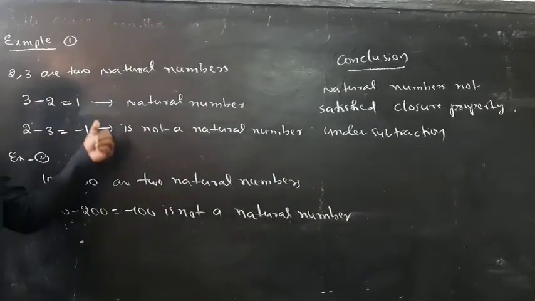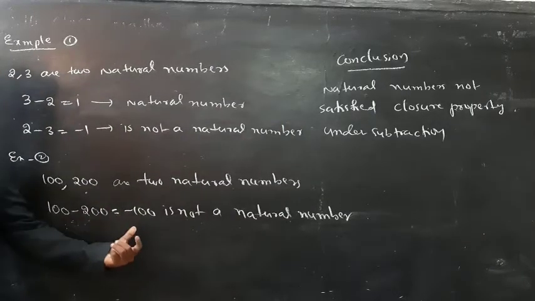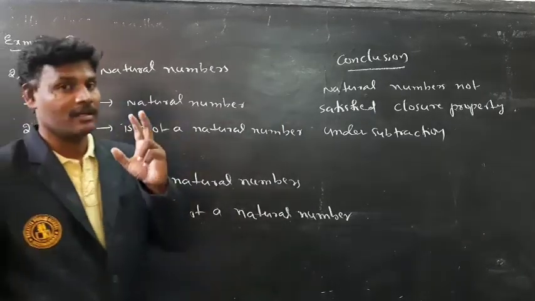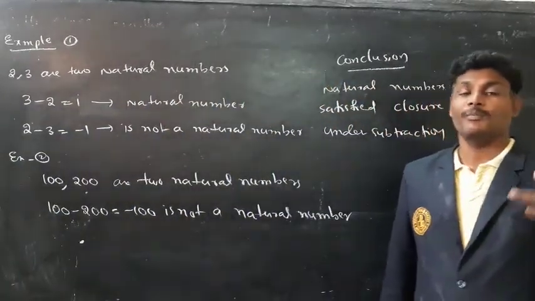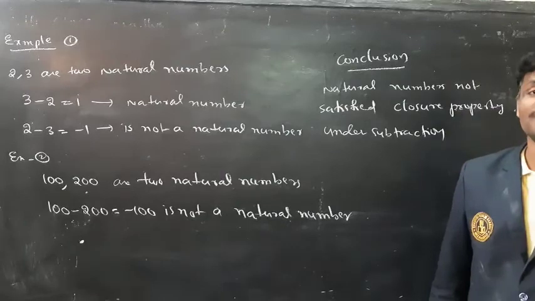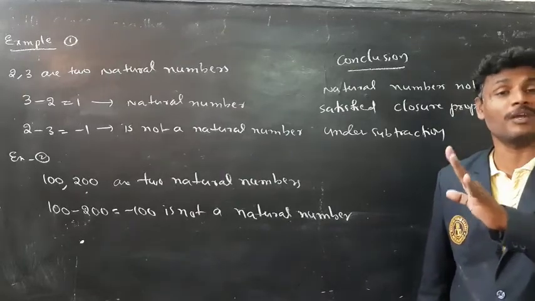Why? Because here minus 1 and minus 100 are negative numbers. Negative numbers do not belong to natural numbers. Because of that, natural numbers not satisfied closure property under subtraction.